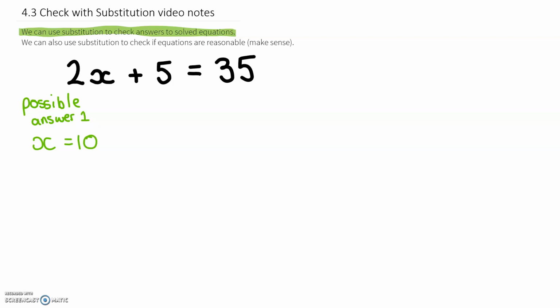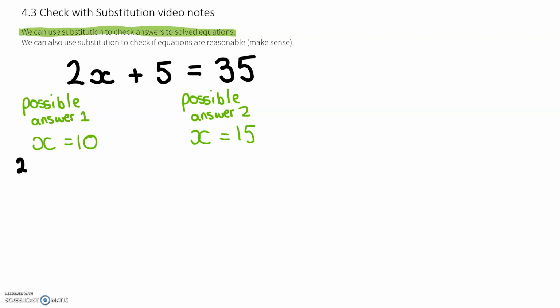Okay, and then possible answer 2, and I'm just going to copy paste this. Possible answer 2 is something different. Let's say it's x equals 15. And I want to try and work out which answer is correct and which answer is incorrect. So I'm going to substitute both of these answers into our equation.